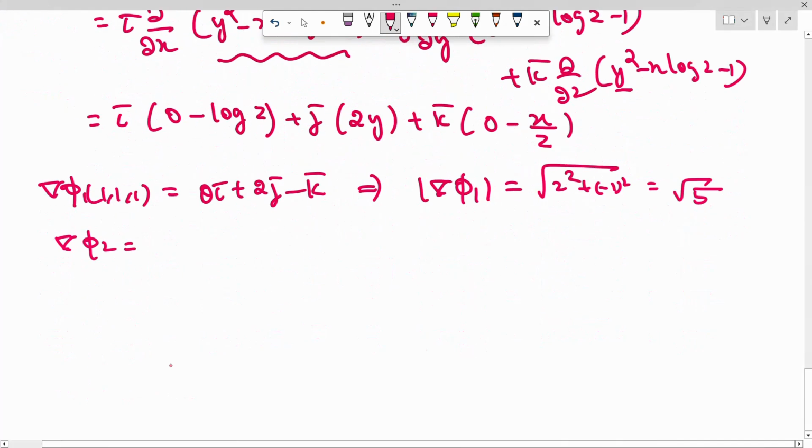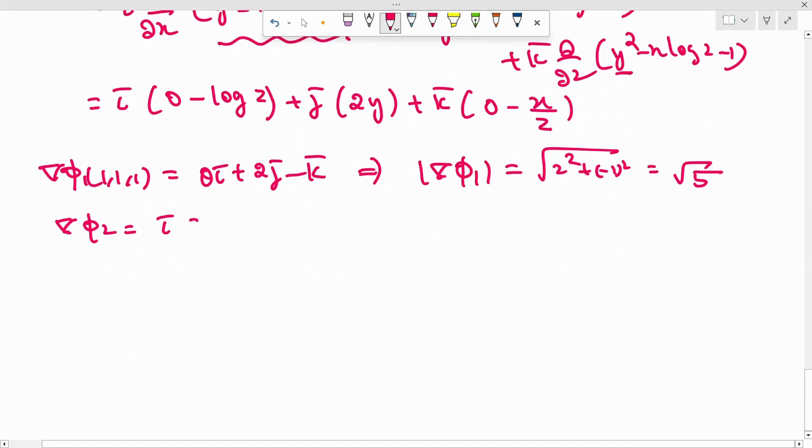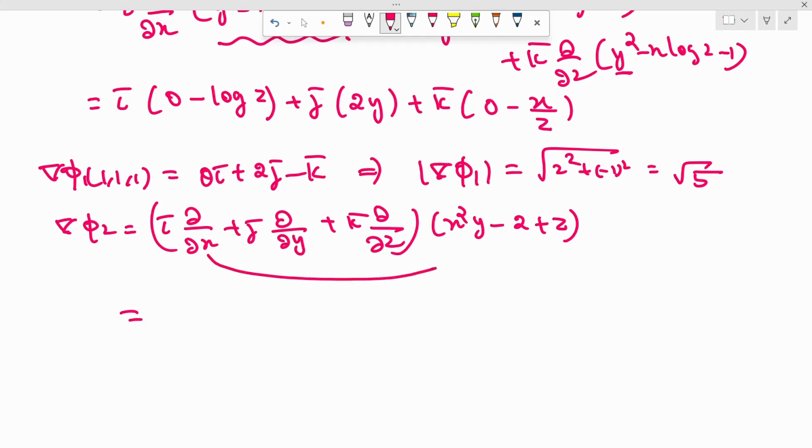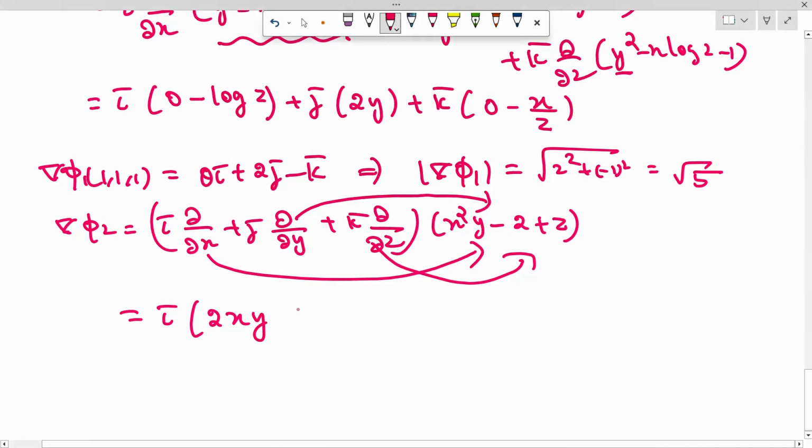In a similar way we can calculate del phi 2 also. Write the expansion of del phi 2: i vector into dou by dou x plus j vector into dou by dou y plus k vector into dou by dou z into phi 2. Given phi 2 is x square y minus 2 plus z. Now differentiate each term. I vector into dou by dou x: partially differentiating with respect to x gives 2xy.